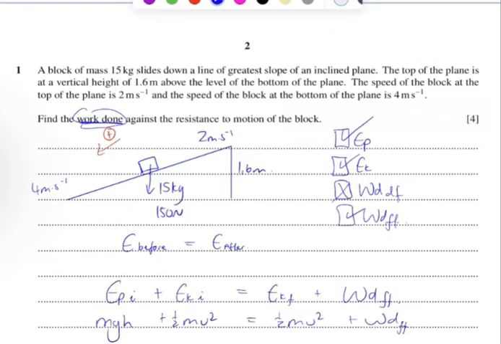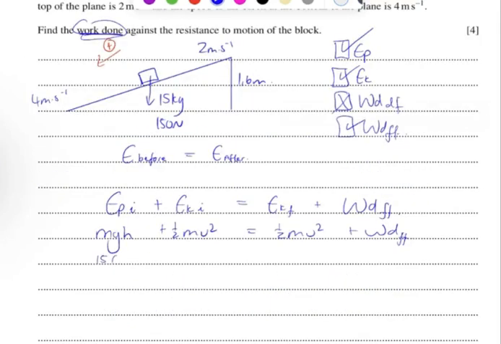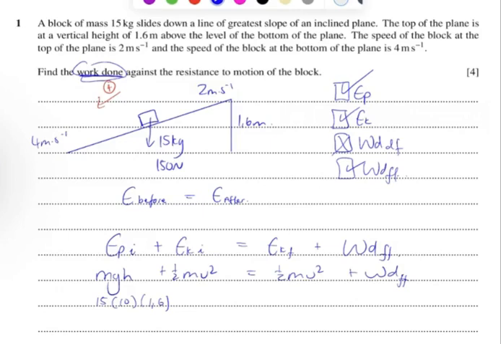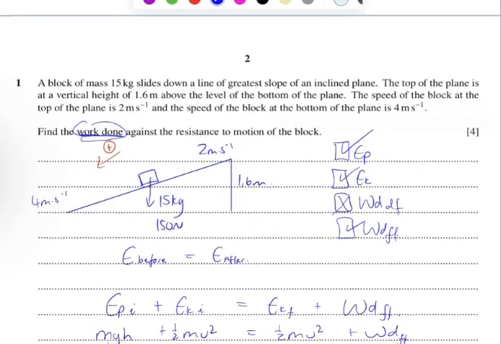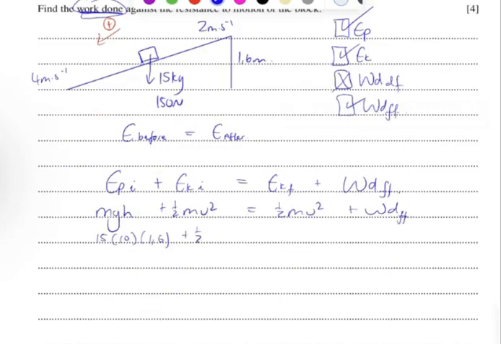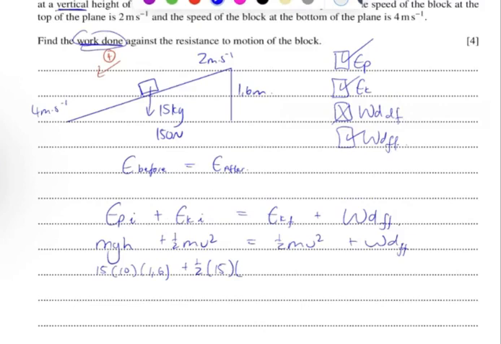Our mass of our block is 15 kg. Gravity is just 10. Our vertical height is 1.6. They do give us the vertical height, not the slope, and that's important. Our mass is 15 and our velocity is 2 squared; that's what's happening in the beginning. At the end, we've got a half times 15 times 4 squared.